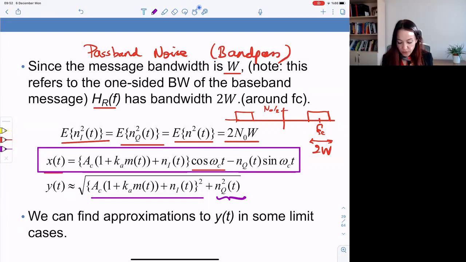So now this is the time to find the output SNR on this y(t). We're going to apply some approximations because, as you can see, it is highly nonlinear.